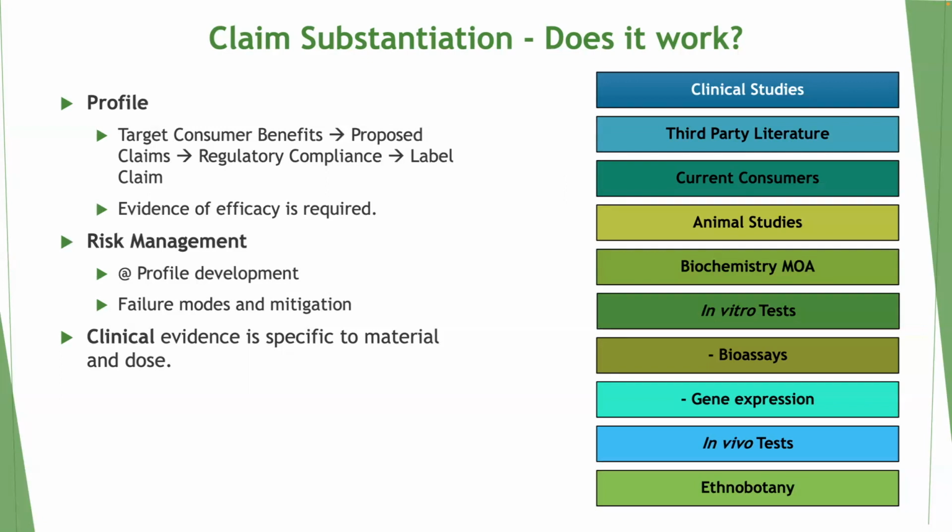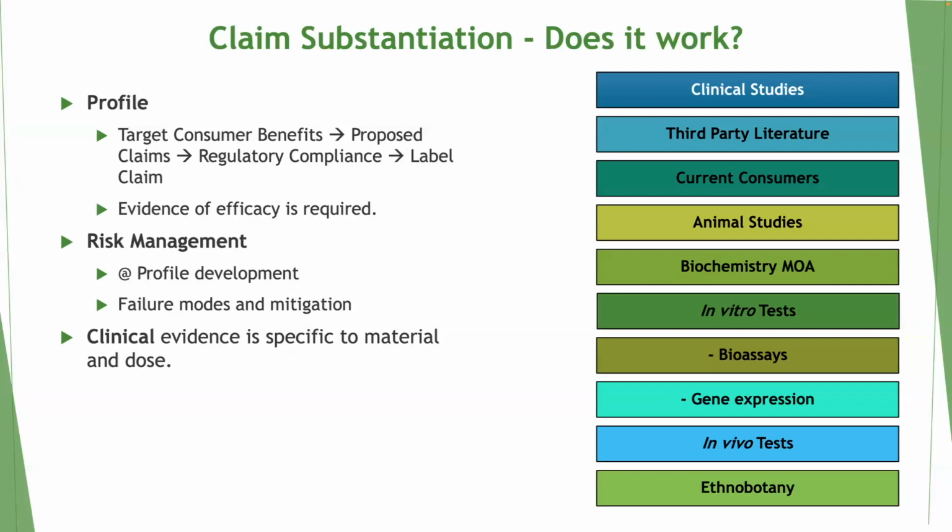For example, immune optimization. Upregulating or downregulating genes relating to the immune system. In vivo tests are done in actual animals, and it's sometimes done in combination of in the animal and then external. Ethnobotany is really traditional use. It's where people have used this traditionally for years and years.